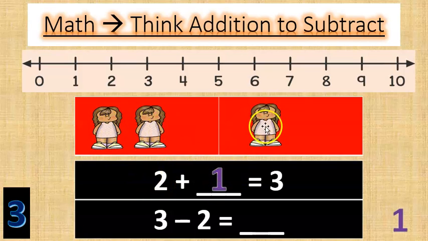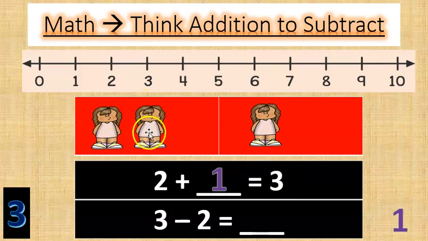This 1 represents this 1 girl that is by herself. Let's read the addition equation. Read with me. 2 plus 1 equals 3. Let's read it again. 2 plus 1 equals 3. And that is true. When you add up these 3 girls, it equals 3.